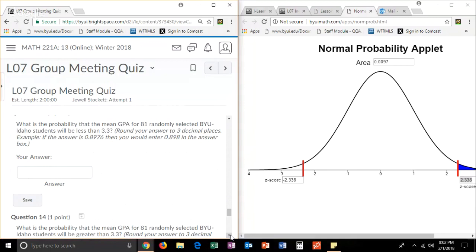3.3 minus 3.5, divided by 0.078. So it's negative 0.2.